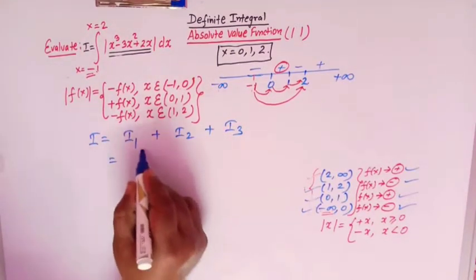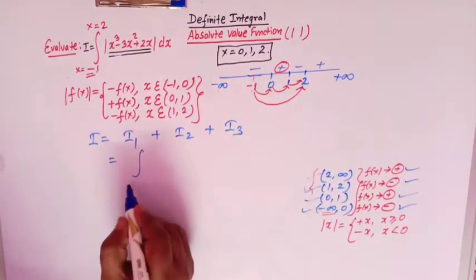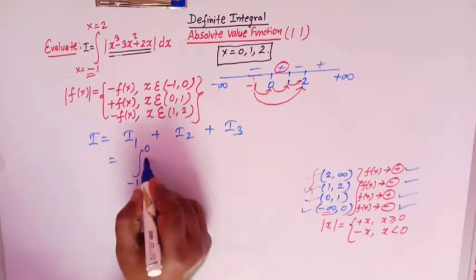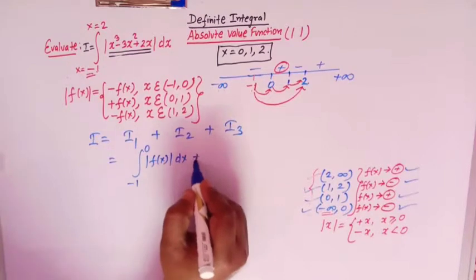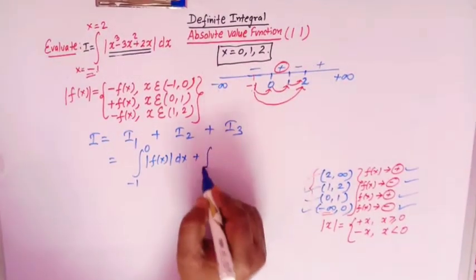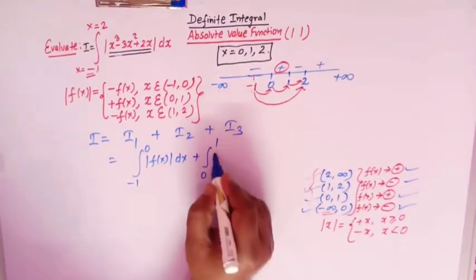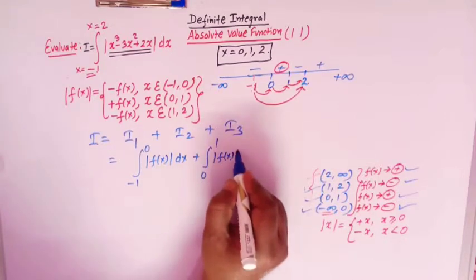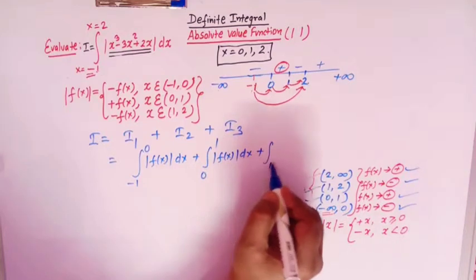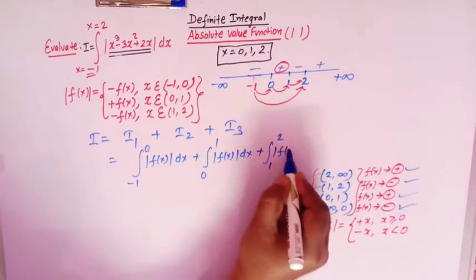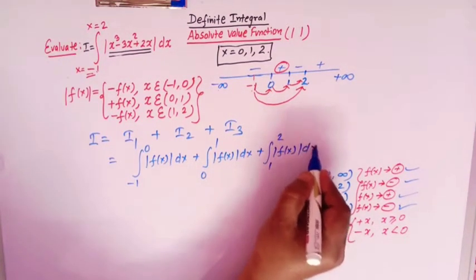So I1 is from -1 to 0, and here we have mod of f of x dx, and I2 is from 0 to 1 mod of f of x dx, and here we have 1 to 2 and mod of f of x dx, right?